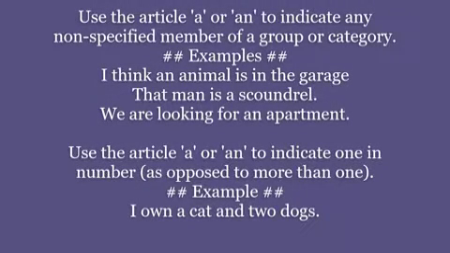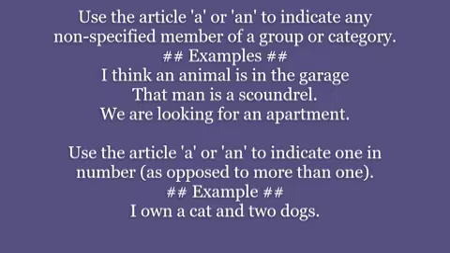Use the article a or an to indicate any non-specified member of a group or category. For examples, I think an animal is in the garage. That man is a scoundrel. We are looking for an apartment.